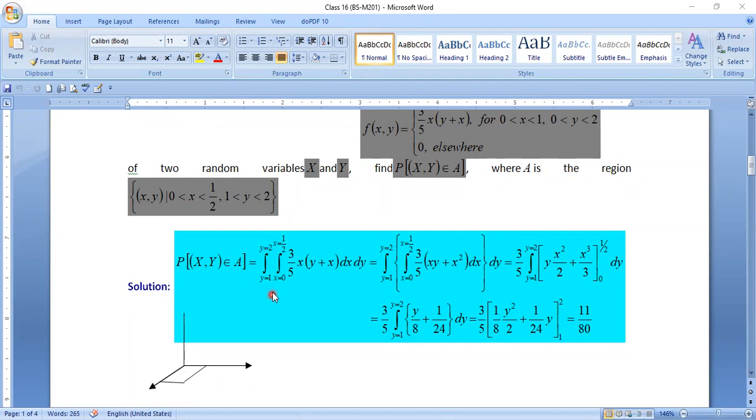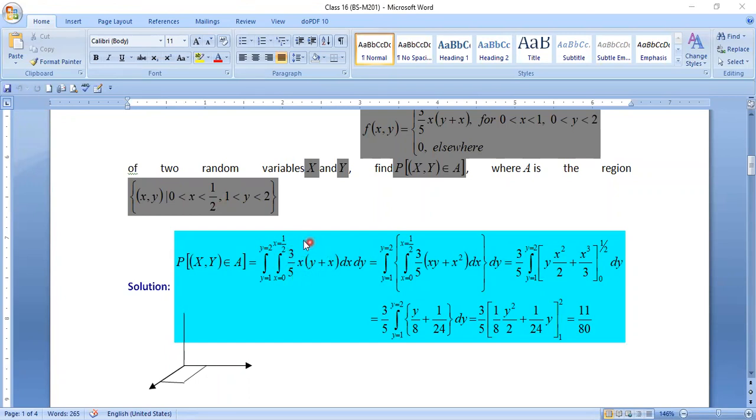As I'm showing you the answer right now, I'm explaining what I have done over here. Now, by definition, the probability that (x, y) belonging to A is given by the double integration over A of the probability function with respect to x and y. Since the area is covering the region where x lies between 0 and 1/2 and y is lying between 1 and 2, I'm putting in the first integration the variable x from 0 to half, and then the second variable from 1 to 2.